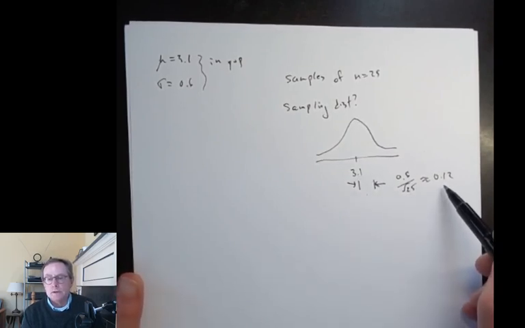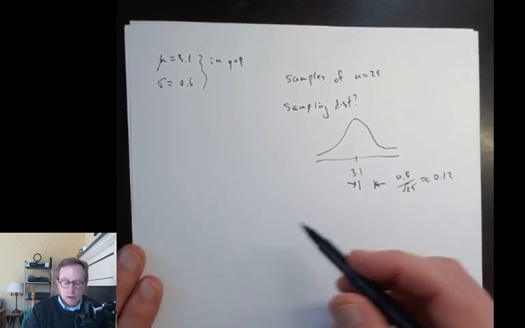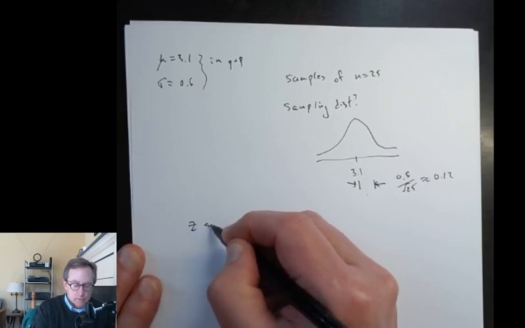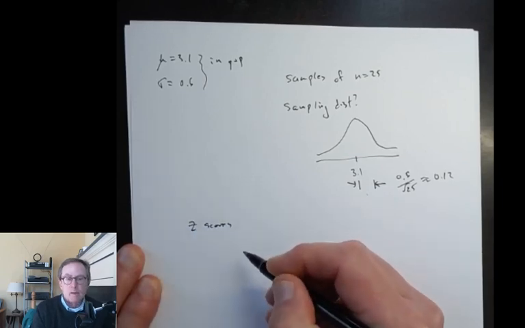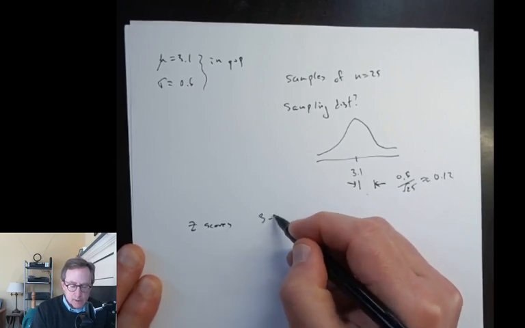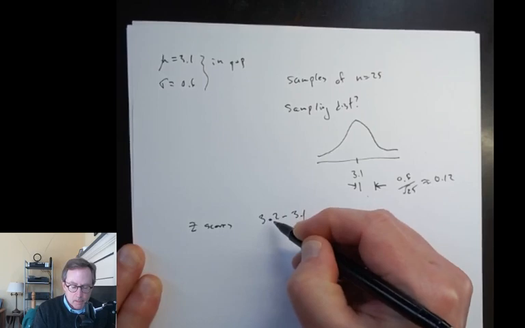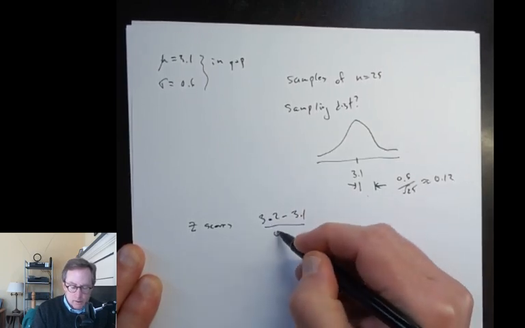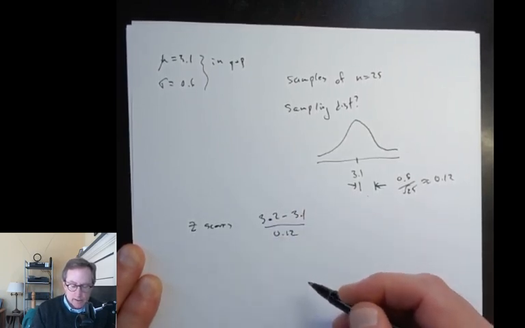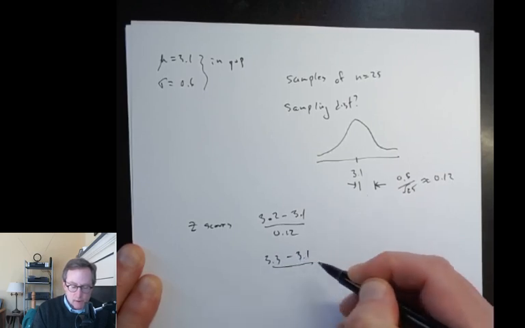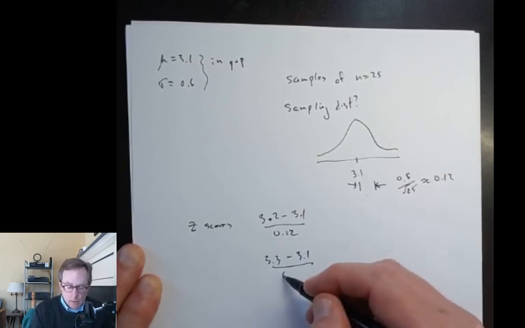Now it says, what's the chance that we report an X bar between 3.2 and 3.3? So I'll figure out the z-score for 3.2 and 3.3. 3.2 minus 3.1 over 0.12, and then 3.3 minus 3.1 over 0.12.